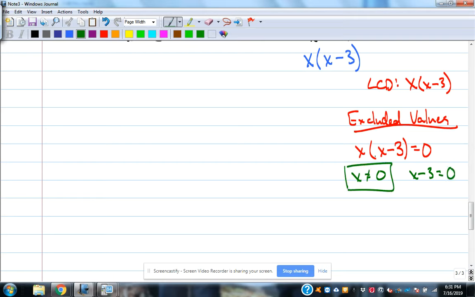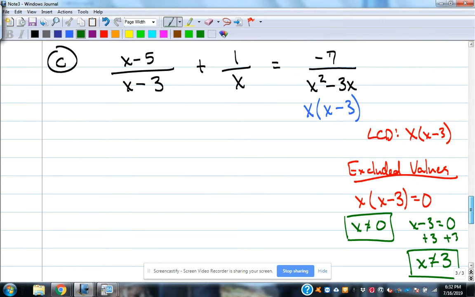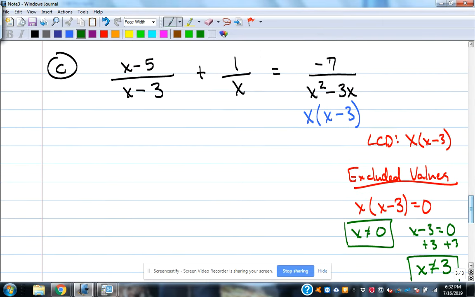X can't be 0. Plus 3, plus 3. X can't be positive 3. I've got two excluded values for this problem, 0 and positive 3. If either of those is an answer, then I throw them out.